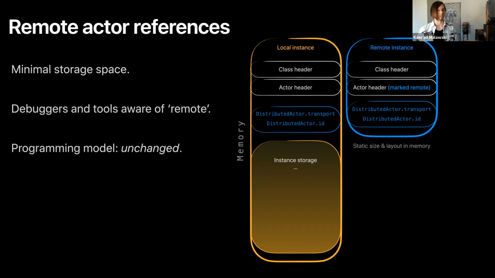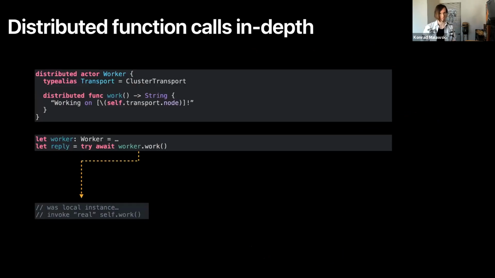Obviously. The important bit here is that this is very much ingrained with the rest of the Swift runtime, and tools like debuggers or anything else can be aware of that. If you're trying to, in LLDB, print an actor, well, we're not going to give you state because it doesn't have state, right? So we can really go deep and wide with these integrations.